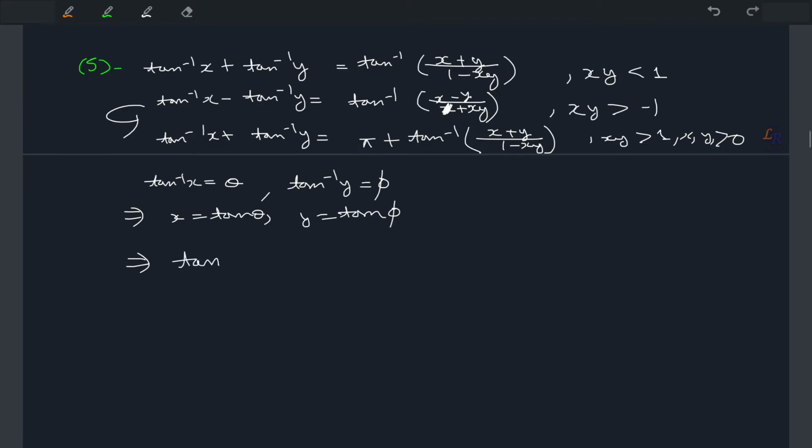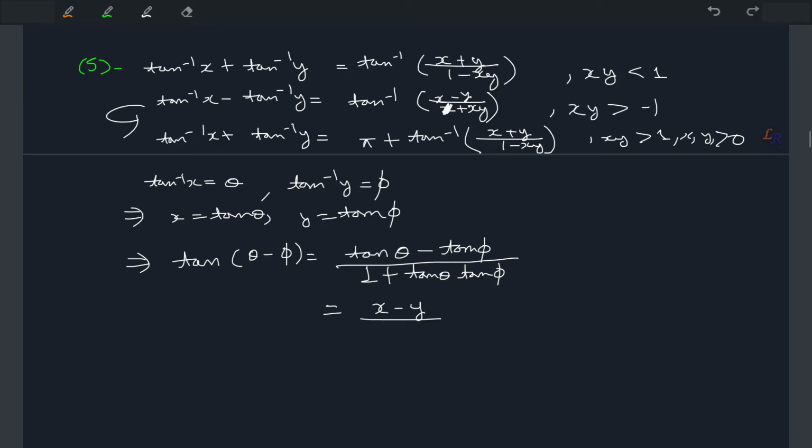We can write tan of theta minus phi, expanding it as per trigonometric function properties as we had studied, is equal to tan theta minus tan phi upon 1 plus tan theta tan phi. Now put the values here, so you will have x minus y upon 1 plus xy, right? Then again take the inverse on both sides, so theta minus phi is equal to tan inverse of x minus y upon 1 plus xy.